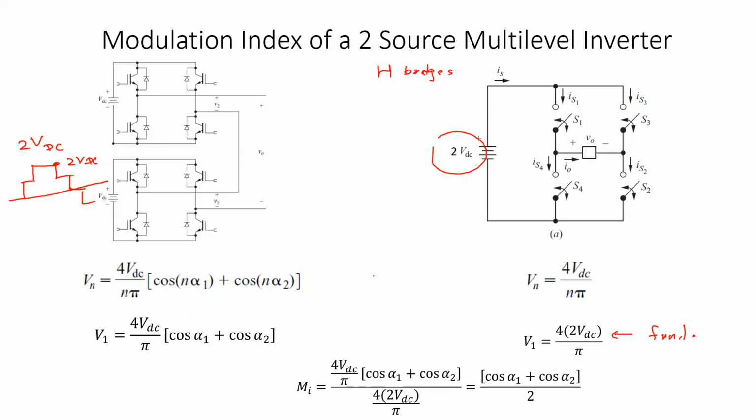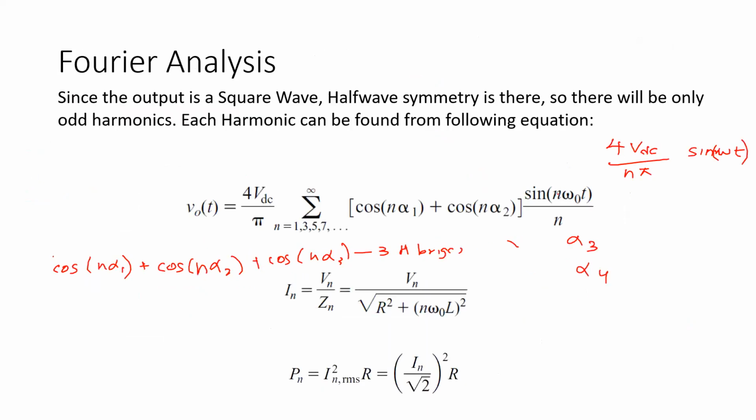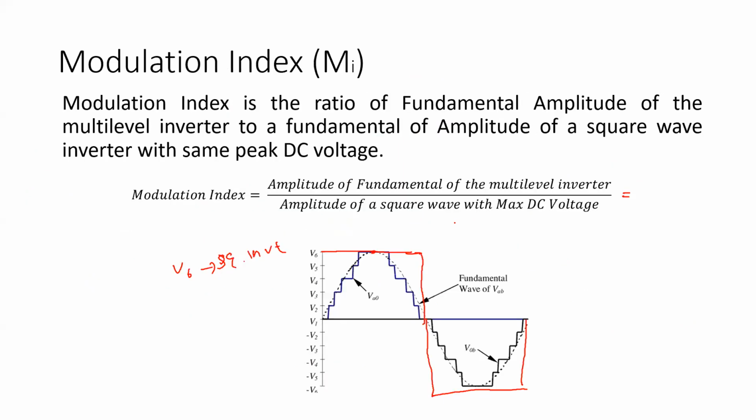You remember earlier we had this equation. When you are getting the amplitude, you are not going to consider this sine part. So the amplitude will be given by 4 VDC over 5 over n, and cos n alpha 1 plus cos n alpha 2 if it is a two source inverter.